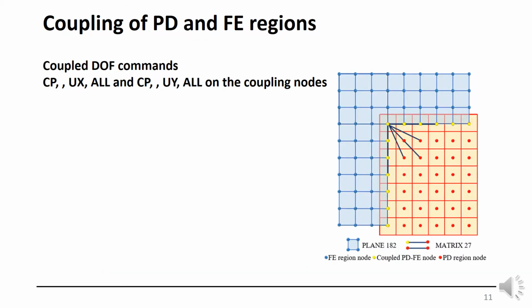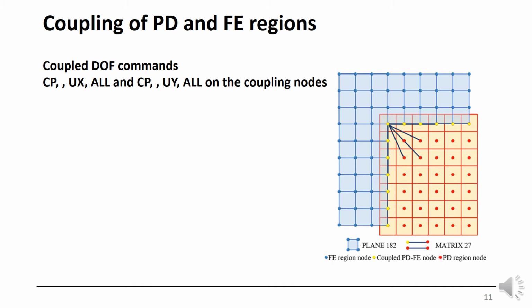Coupling of peridynamic and FE regions is achieved through the coupled degrees of freedom command. As you can see here, this blue region is the finite element region, and this pink region is the peridynamic region. So what we have is these yellow nodes, basically they are the coupled PD-FE nodes.